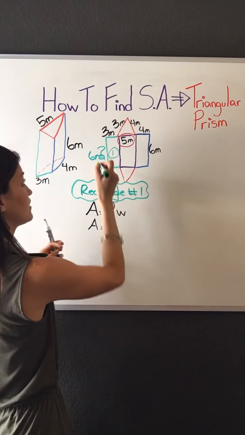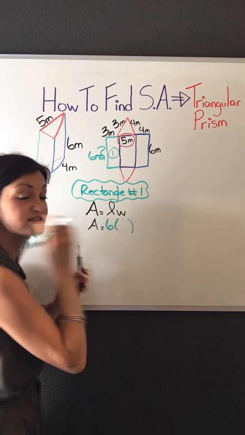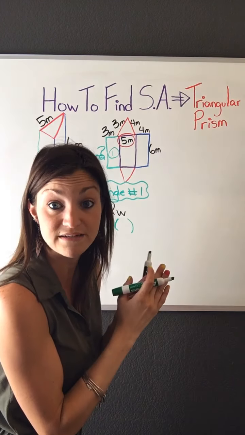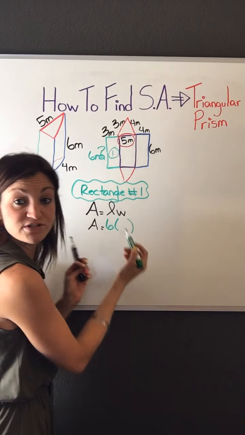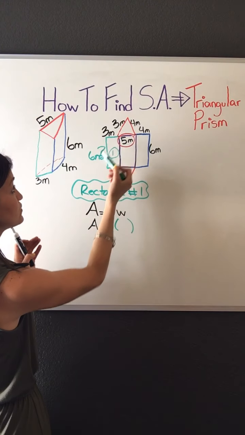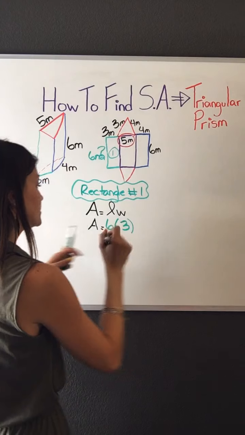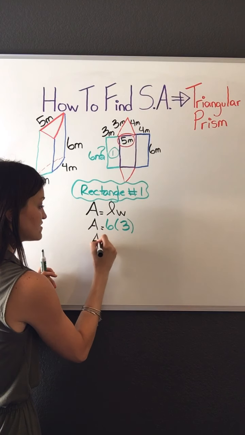Length, I'm going to plug in the 6 meters. Be careful, this does not become one solid number. When numbers or letters or variables are touching in math, that means multiplication. So we are going to do the 6 meters times our 3 meters, okay? 6 times 3 gives us 18. It does not give us 18 monkeys.